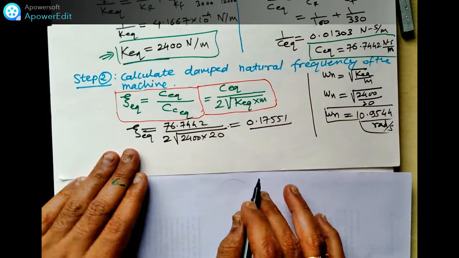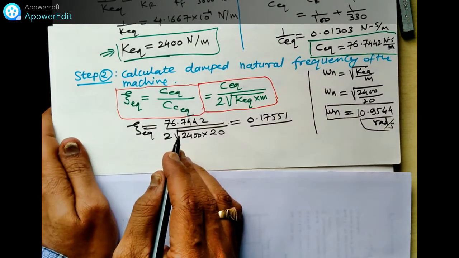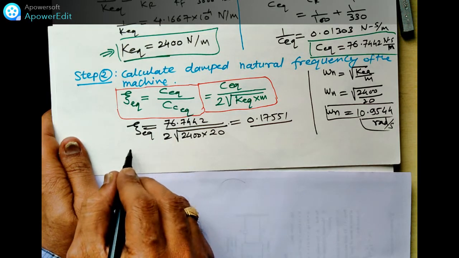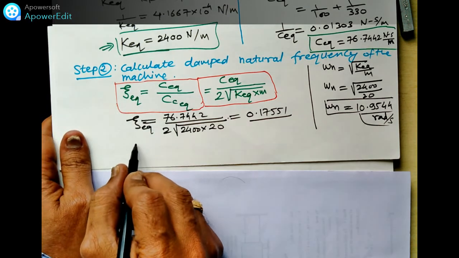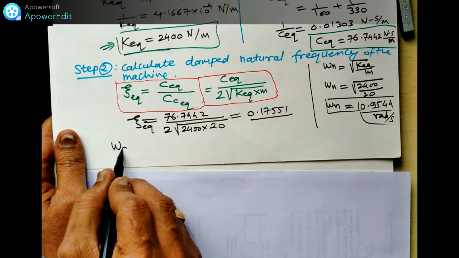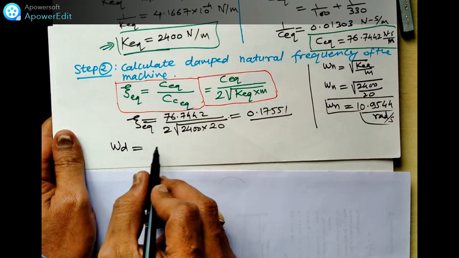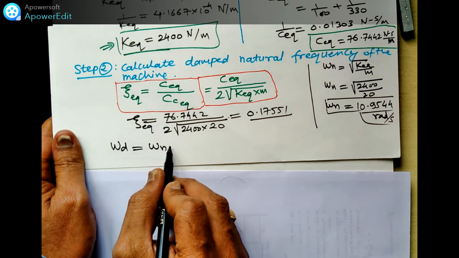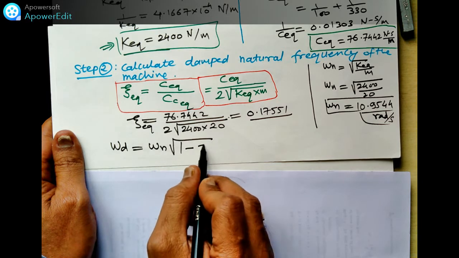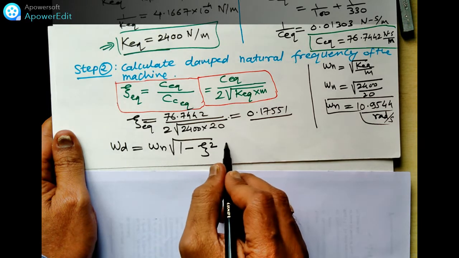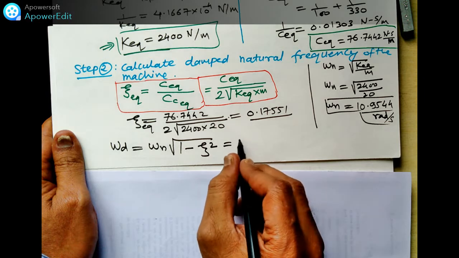The value of zeta is 0.17551. Once we have this value, we use the formula omega d equals omega n into under root of 1 minus zeta square.